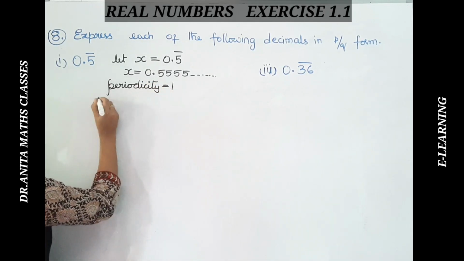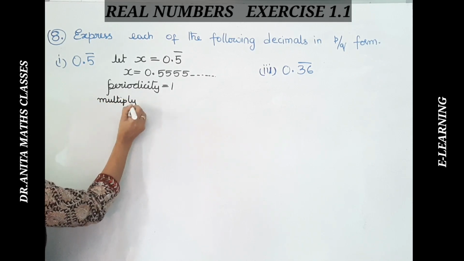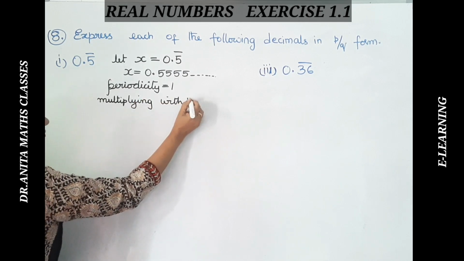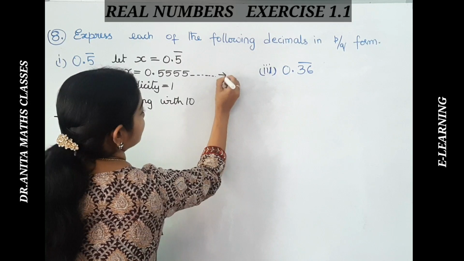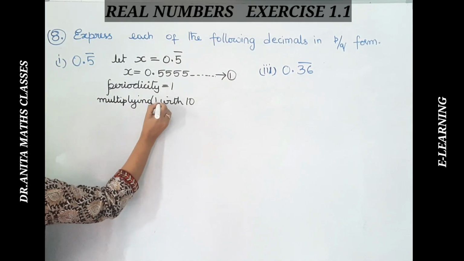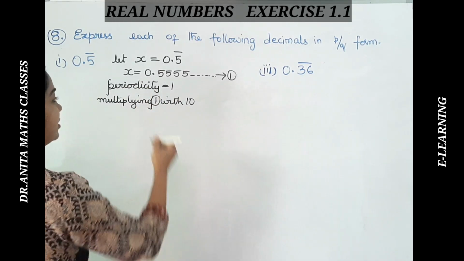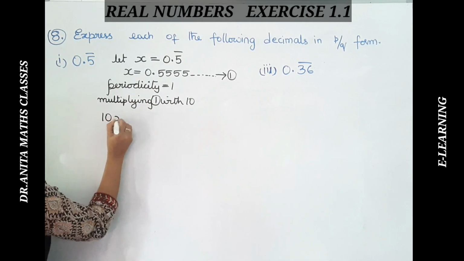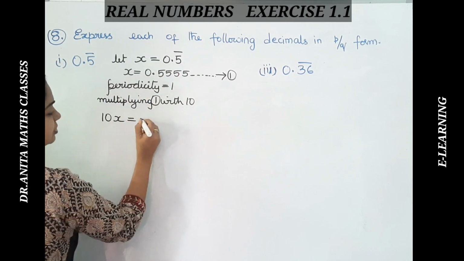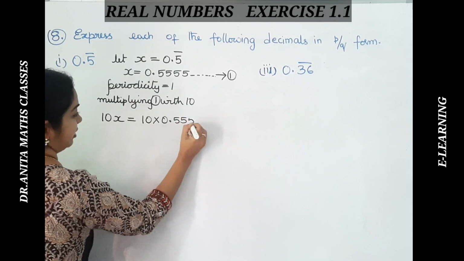Now multiplying with 10. What am I multiplying? Equation 1. Let me suppose this as equation 1. So multiplying equation 1 with 10, it becomes 10x on one side, and on the other side we should multiply 10 into 0.555 and so on.